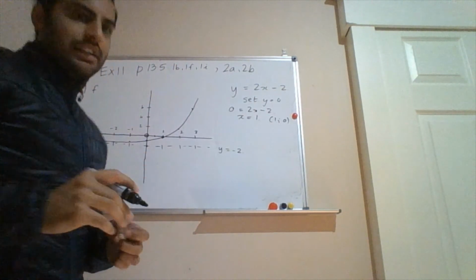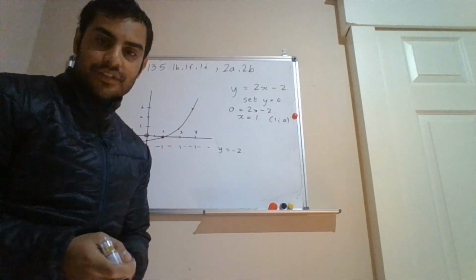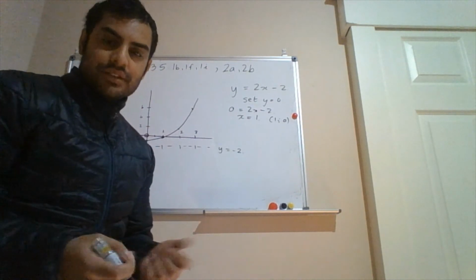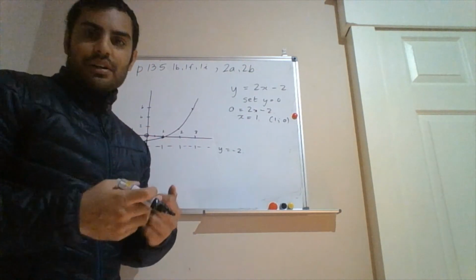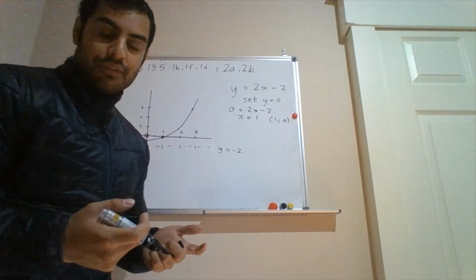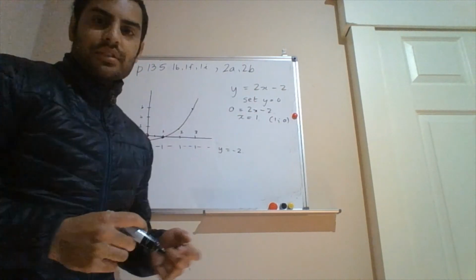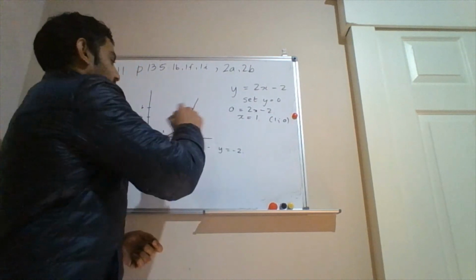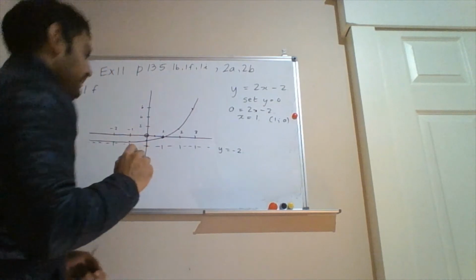Those are the only two pieces of information we need for straight line graphs. We can have any 2 points. I'm just using the x and y intercepts because that's what this question is asking for. But you could pick anything. Say you could pick x equals to 3. And you could get a point somewhere there and plot the straight line that way.